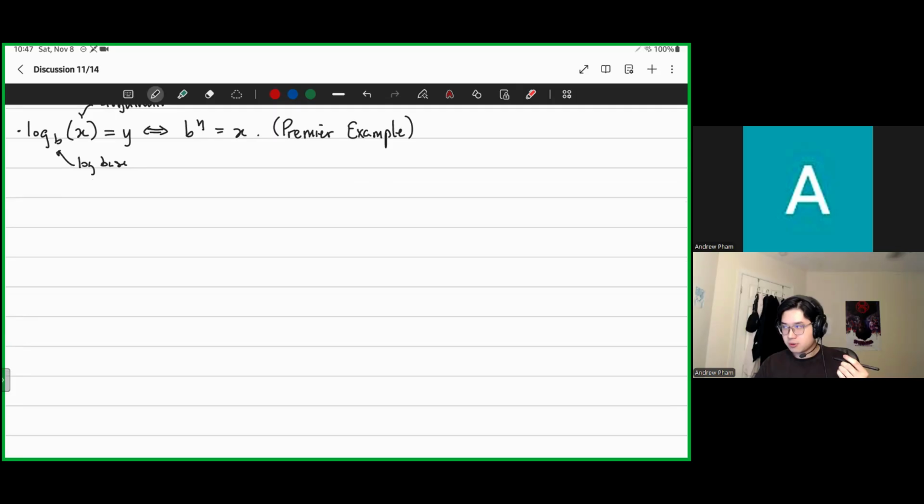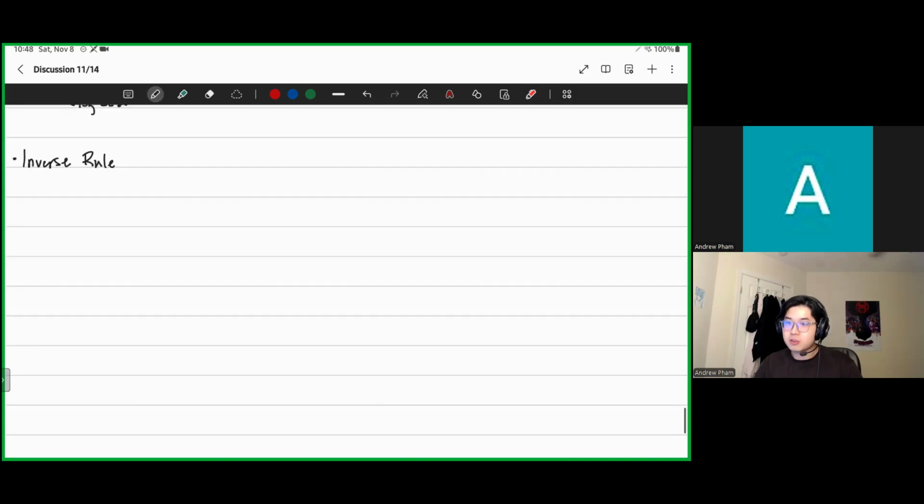The first rule that I like to talk about is going to be the inverse rule. We actually already saw this before, in the previous part of the video, which basically states that logarithms are indeed the inverse of exponential functions. So if I take the forward and backward composition, I should get back the identity.